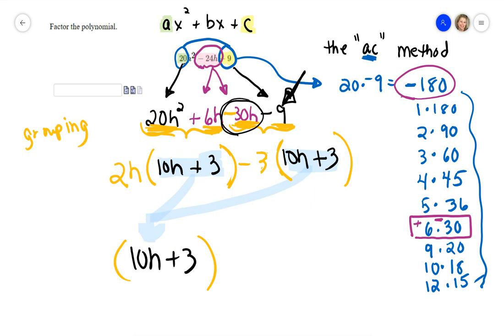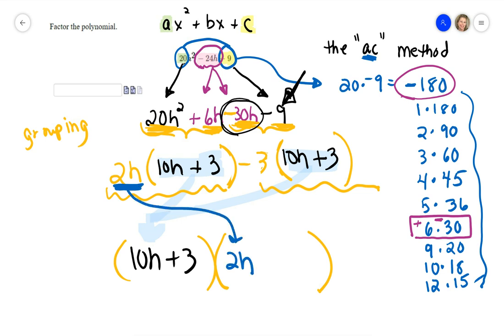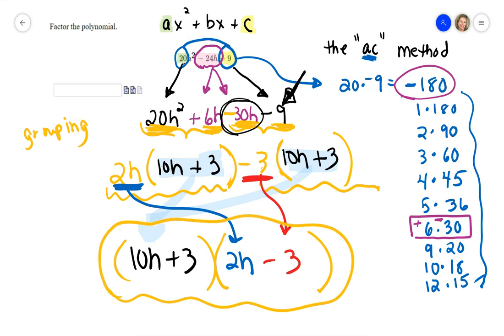I'm pulling that out from this first group and this second group. So what I'm going to be left with is a new set of parentheses that will contain this 2h, which is all that's left from the first group, and this minus 3, which is what's left from the last group. And that's my factored answer.